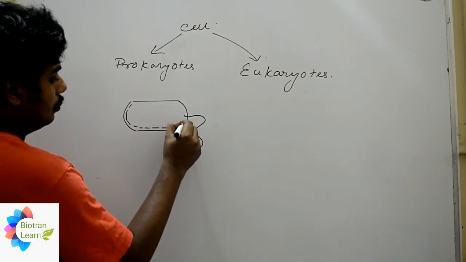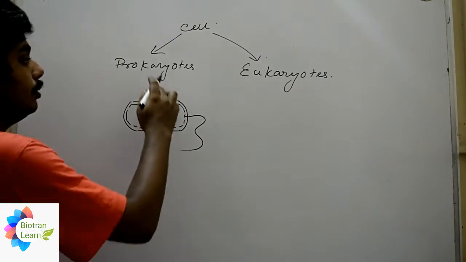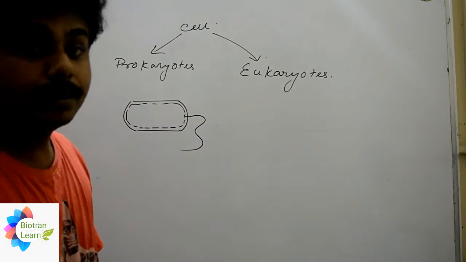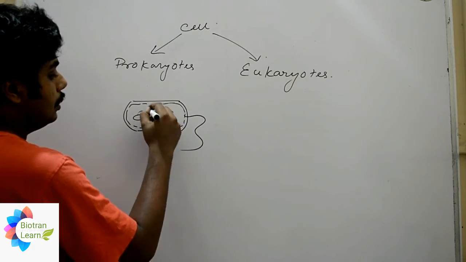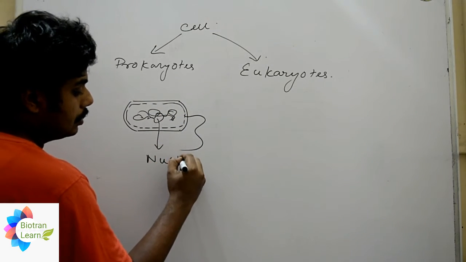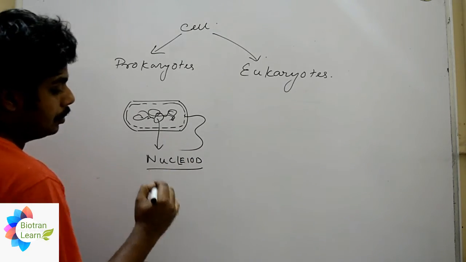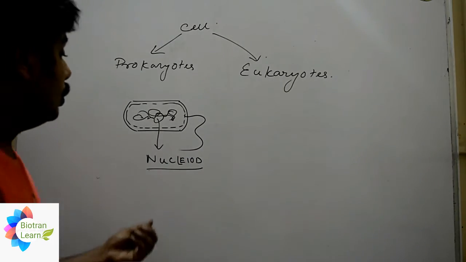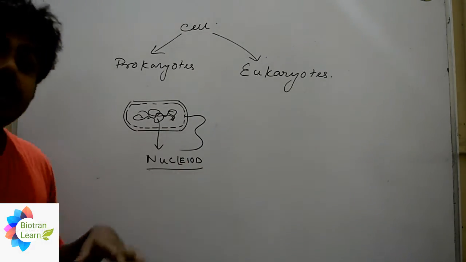After its outer layering, which I will discuss in later classes when we cover prokaryotic cell structures, we will find that the nuclear material, known as the nucleoid, will be floating in the cytoplasm in a free way.